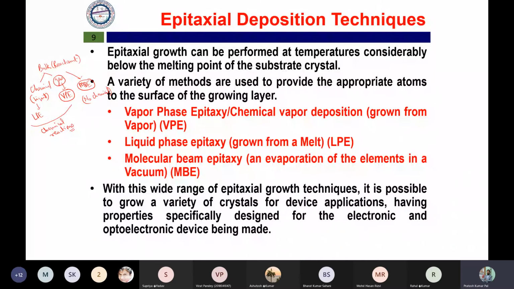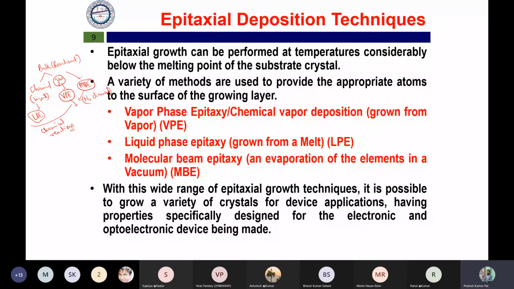In our syllabus we will be dealing with vapor phase and molecular beam epitaxy, and before that we will go through liquid phase epitaxy, the basic idea of it.